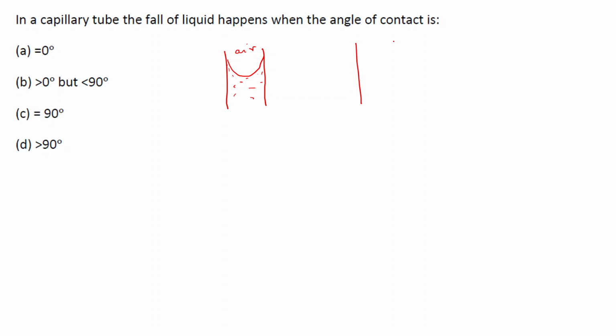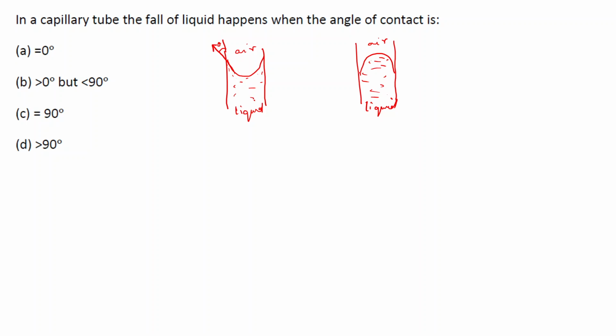The other way is this. Here the liquid is there, and again here is the air. So either the case is this, where the surface tension acts like this, and the angle here is theta.